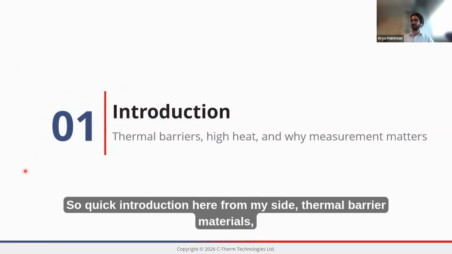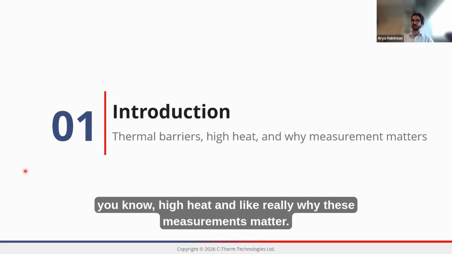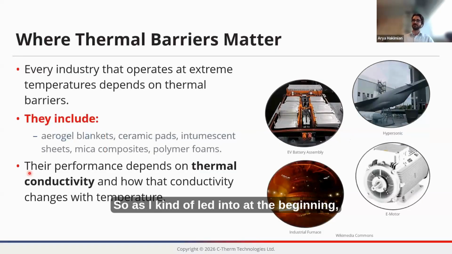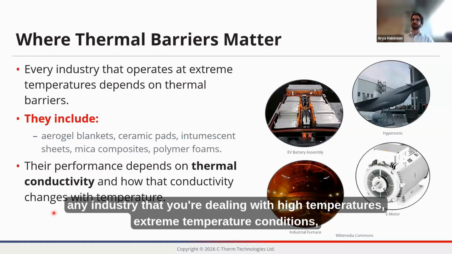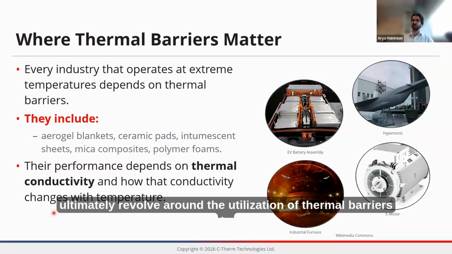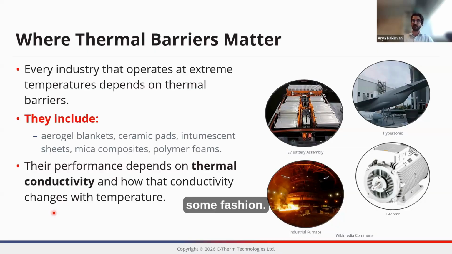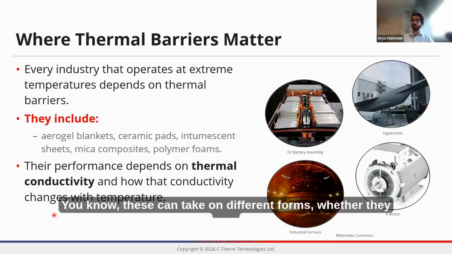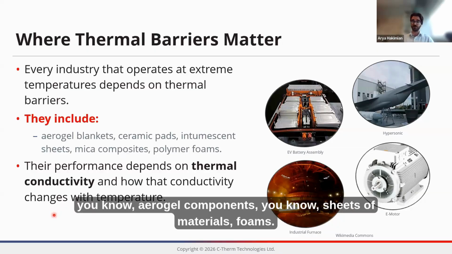So, a quick introduction from my side: thermal barrier materials, high heat, and really why these measurements matter. As I led into at the beginning, any industry dealing with high temperatures or extreme temperature conditions ultimately revolves around the utilization of thermal barriers in some fashion. These can take on different forms, whether they are aerogel components, sheets of materials, or foams.